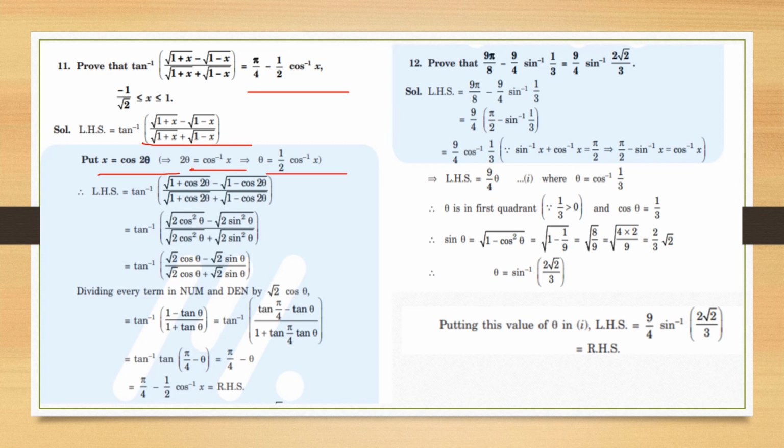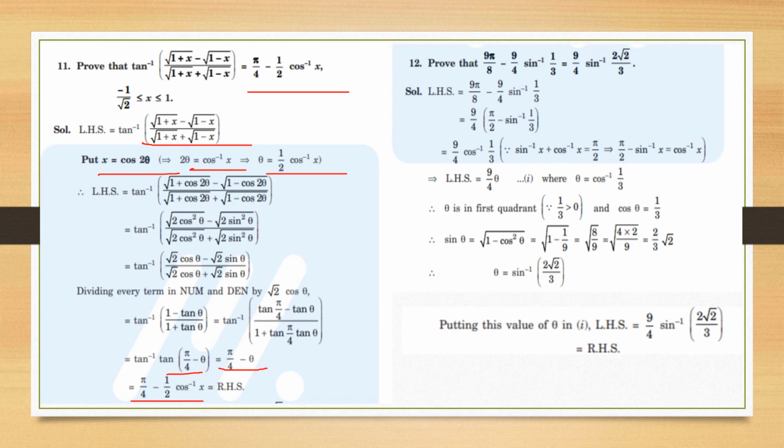Now divide by cos theta, so I'll get 1 minus tan theta upon 1 plus tan theta. So 1 is again tan pi by 4, so the formula changes to tan of pi by 4 minus theta. So tan inverse tan means it is pi by 4 minus theta. So the value of theta is half cos inverse x, which can be replaced here.